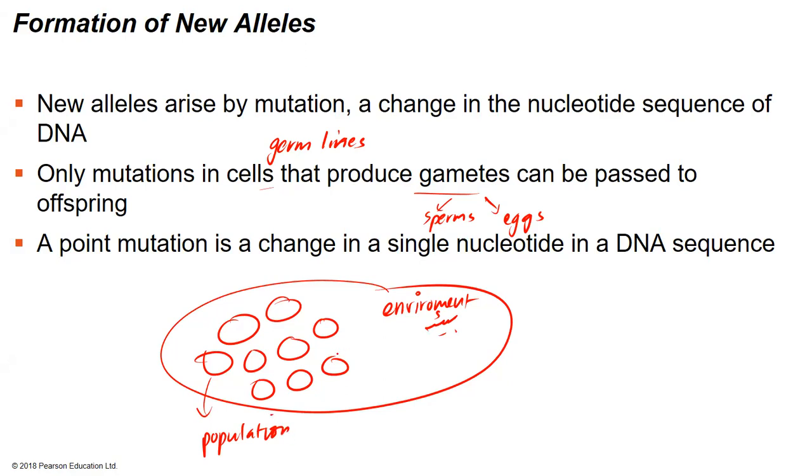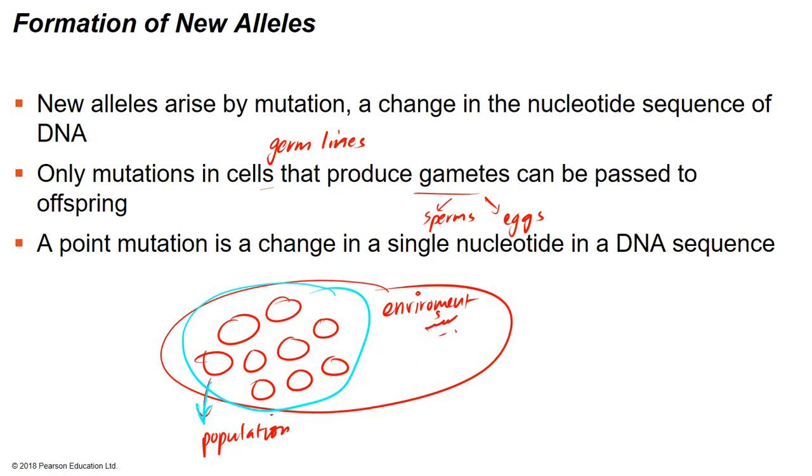Let's say this is a population living in the environment. And there are alleles found among the members of this population, and these alleles fit or allow the members of this population to survive the environment.